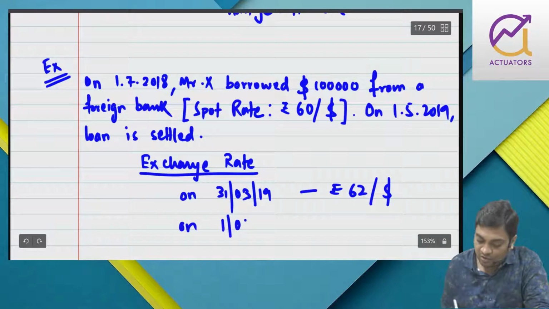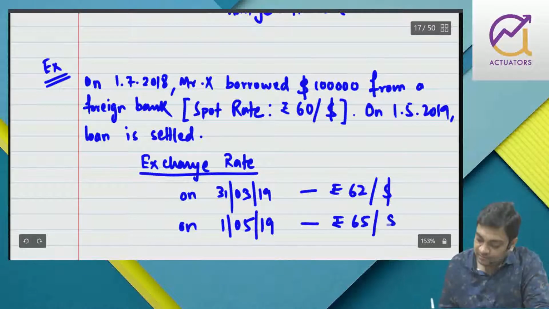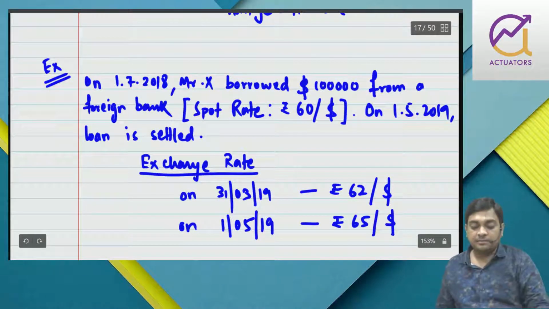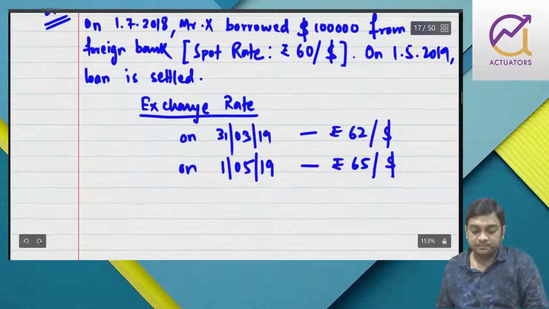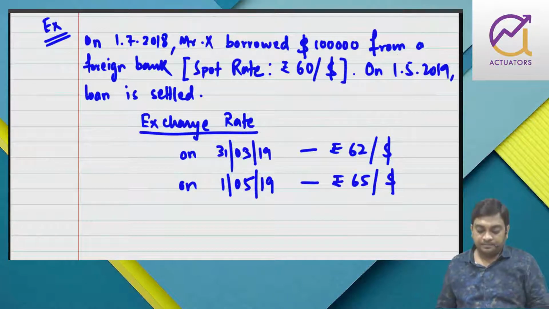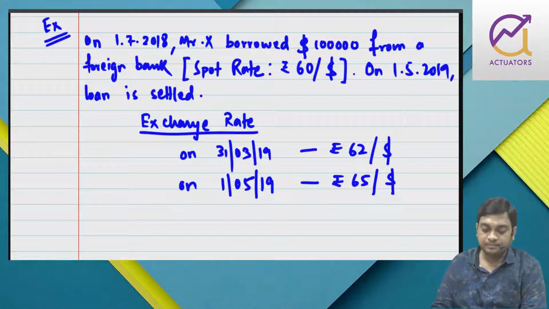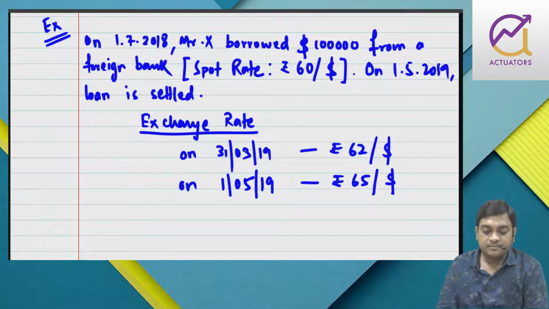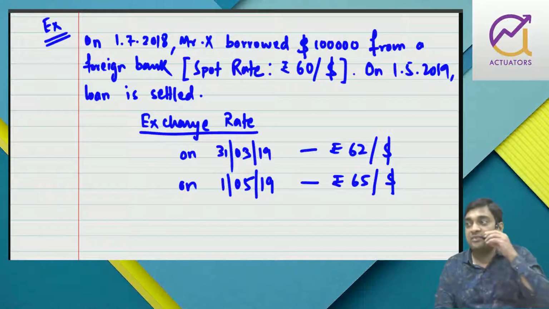On 1st of May 2019 it was 65 per dollar. Is that fine?